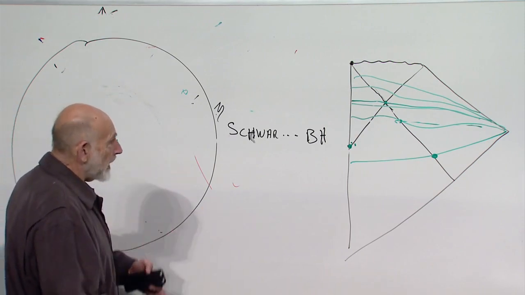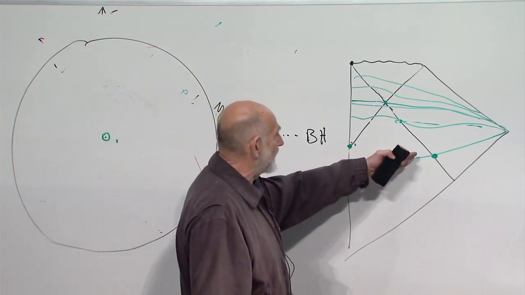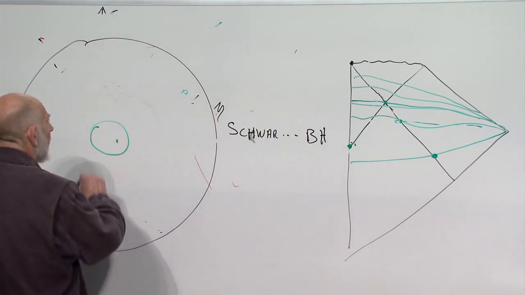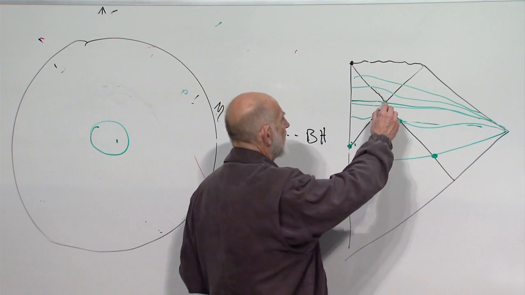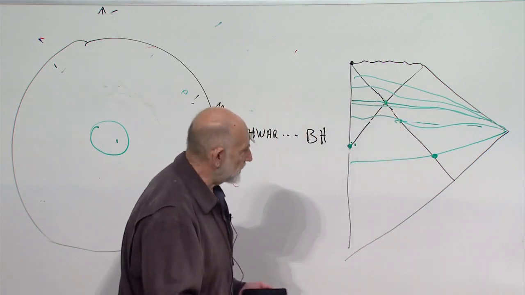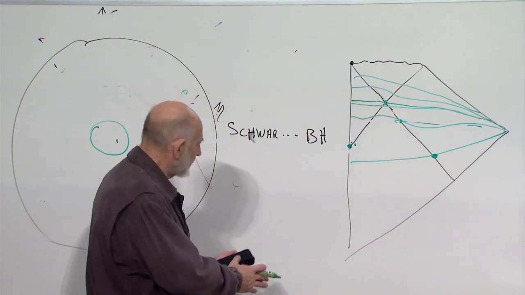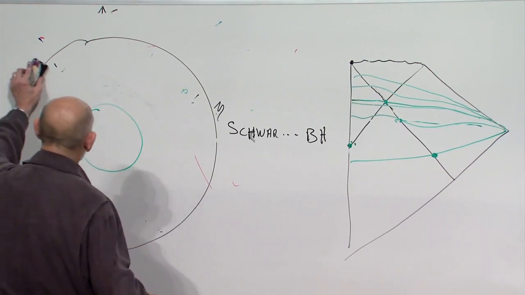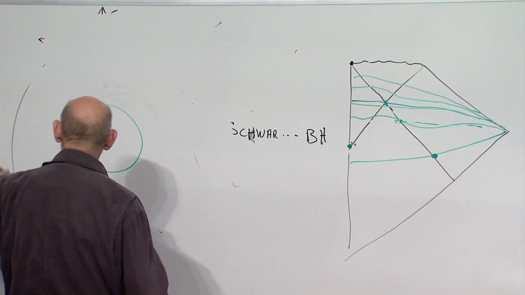And then, without the shell having even gotten to you yet, the horizon starts to expand until it gets to this point over here. At that point, the incoming shell crosses the growing horizon.